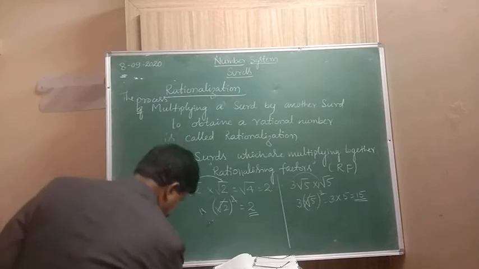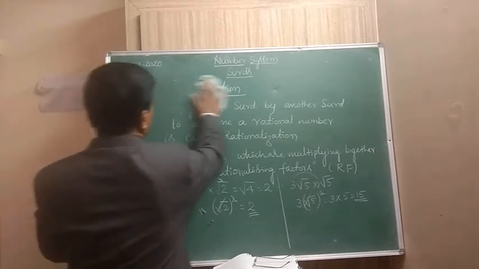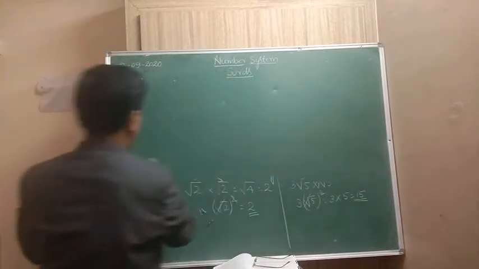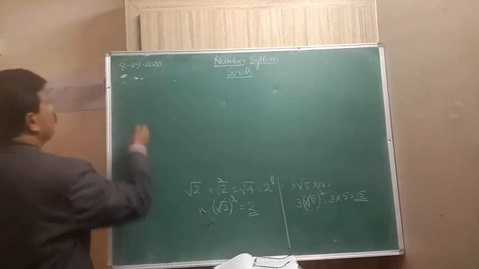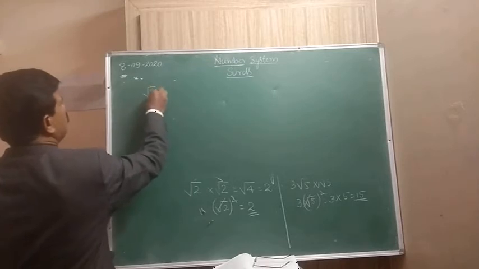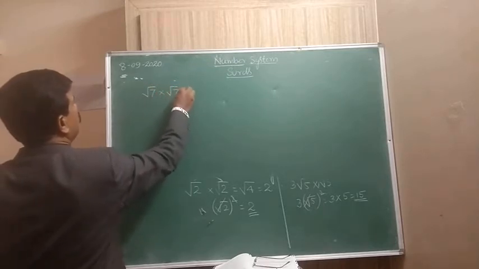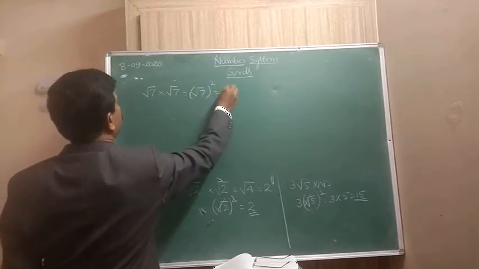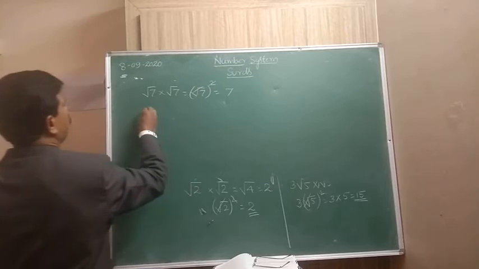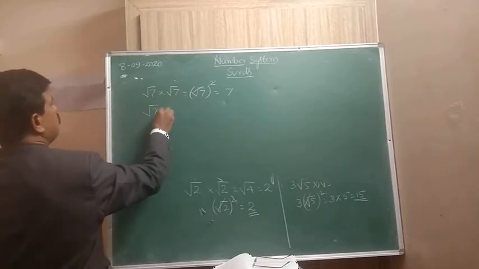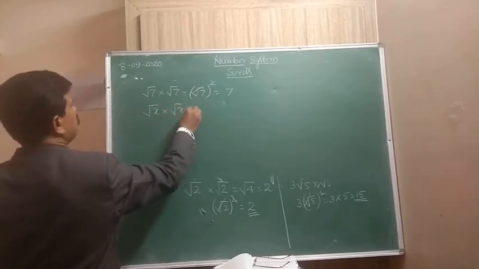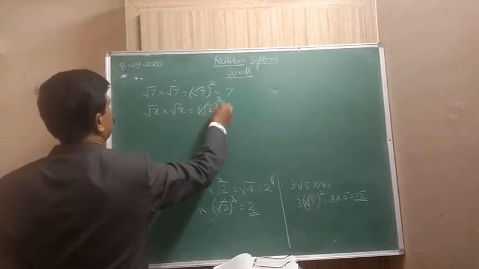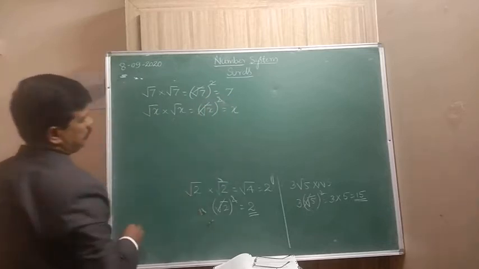So take some more examples. Root 7 into root 7 is root 7 whole square, which is 7. Root x into root x equals root x whole square. The square gets cancelled, giving x.